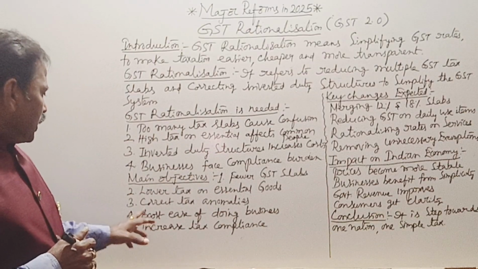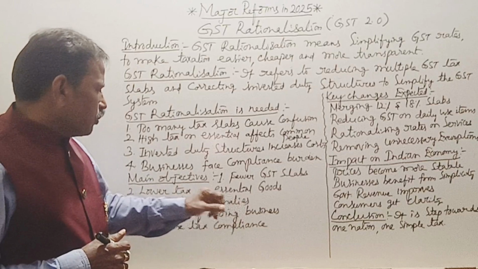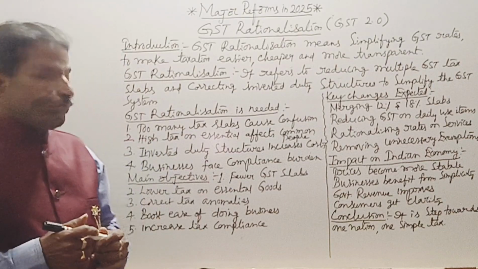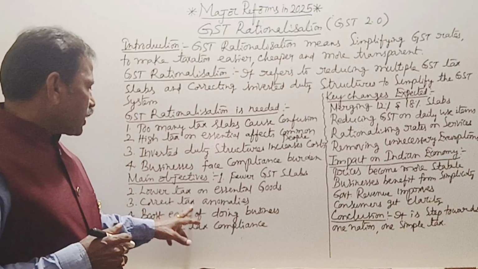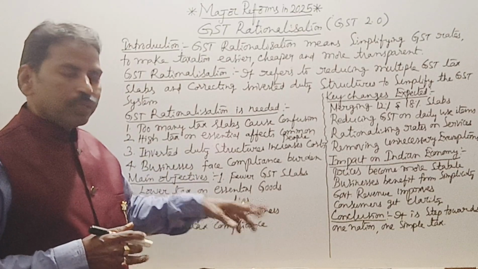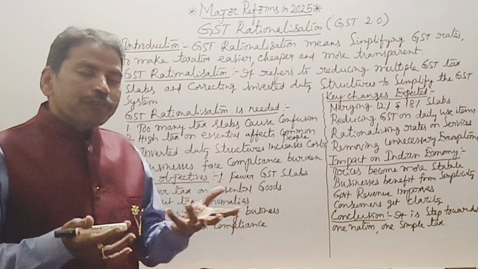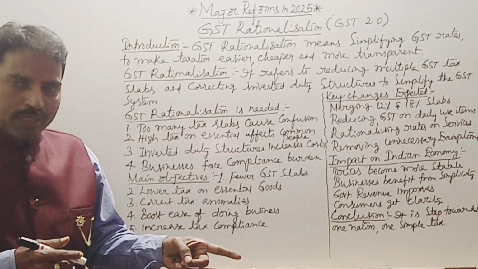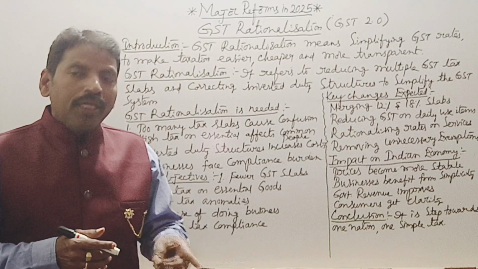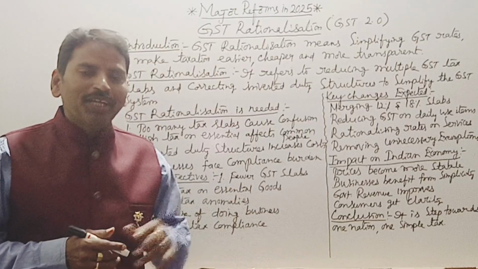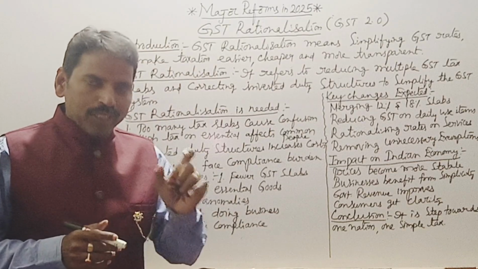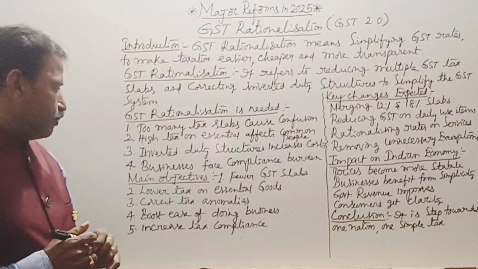Next, correct tax anomalies. That means defects, mistakes, or mismatches. That is, 18% tax on raw material and 12% tax on final goods. That is a defect or mistake.